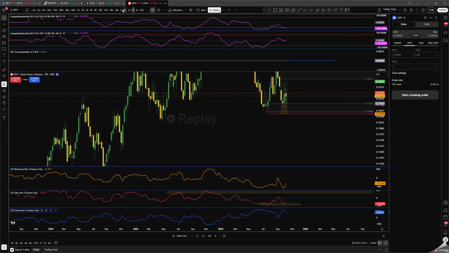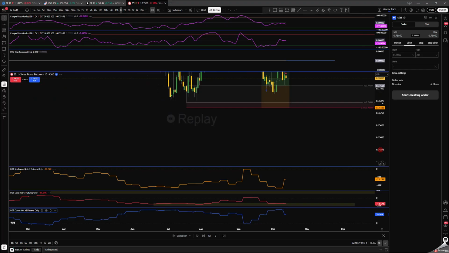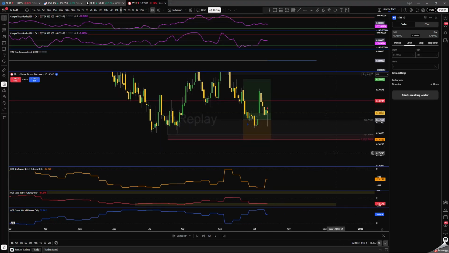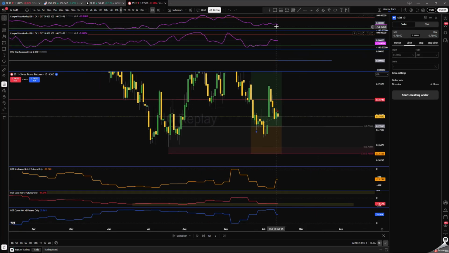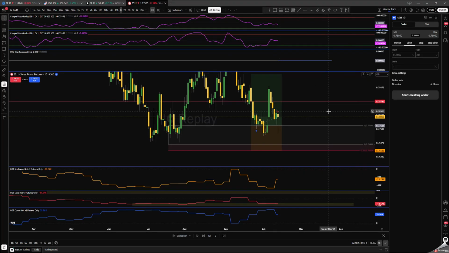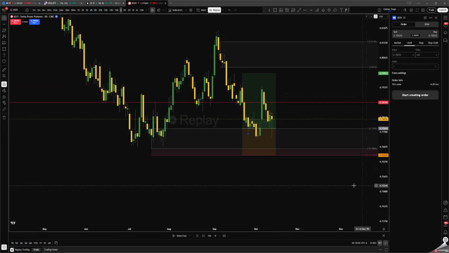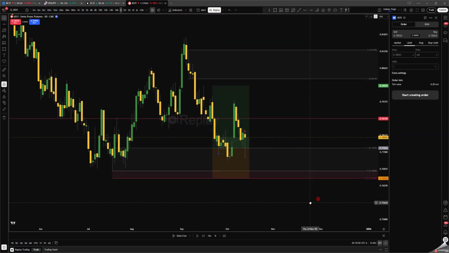It's an all-stars-aligned trade at this point, and even the long-term valuation is below the mean, close to undervaluation. Now let's see what we can do here.